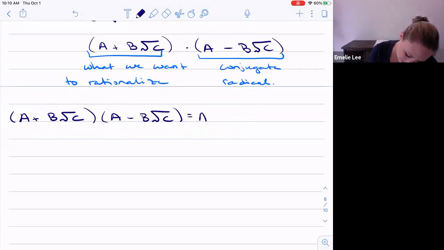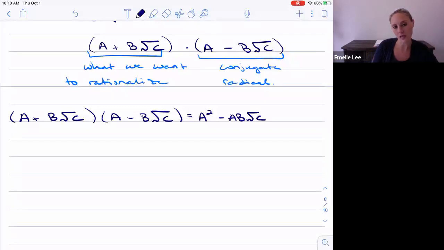So this becomes a squared minus ab root c, right? A times negative b root c is negative ab root c. And then I get plus ab root c if I rearrange the a and the b. So plus ab root c. And then b root c times negative b root c puts me at negative b squared c, right? Root c times root c.